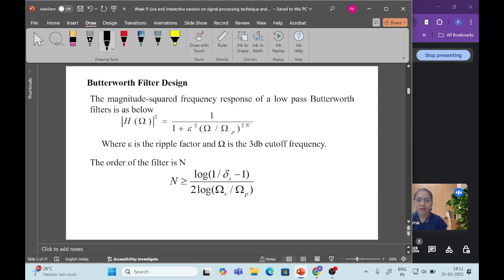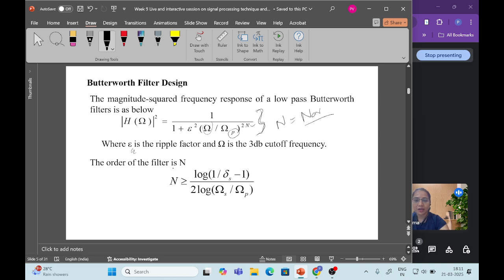Butterworth filter design. This is the basic magnitude squared frequency response for a low pass Butterworth filter: 1 divided by 1 plus epsilon squared multiplied by omega divided by omega p to the power 2n, where n is the order of the filter, epsilon represents the ripple factor, and omega p is the 3 dB cutoff frequency, the pass band cutoff frequency.